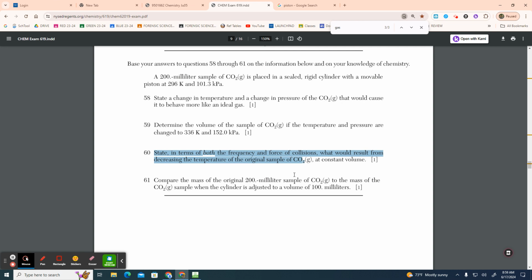Yeah. Okay? Compare the grams of the original 200 milliliter sample to the grams of carbon dioxide when it is in the 100 milliliter sample. It's the same. The mass did not change. What changed was how big a space it takes up. You understand? Okay, that's that question right there.